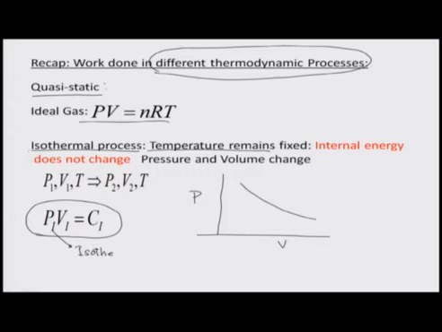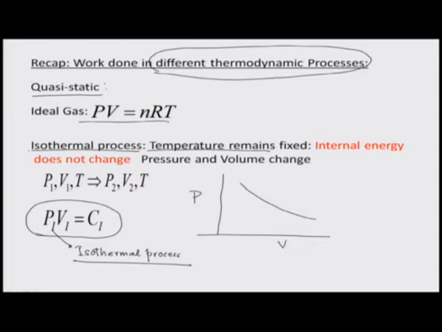This is very, very important. It is not the initial value, it depends on the process. Okay? So, this is an isothermal process. Pi Vi is equal to Ci, which is equal to nRT. T is a constant. So, this nRT is a constant which is denoted here by Ci.